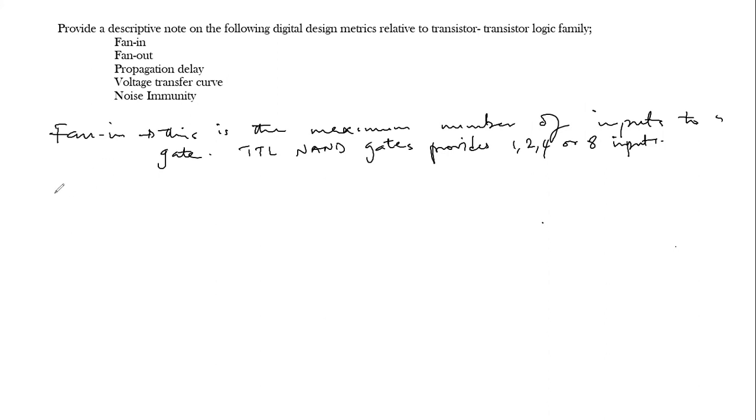Then we have the fan-out. Now, if the fan-in specifies the maximum number of inputs to a gate, then the fan-out specifies the number of standard loads that the output of the gate can drive without impairing its normal operation, okay?